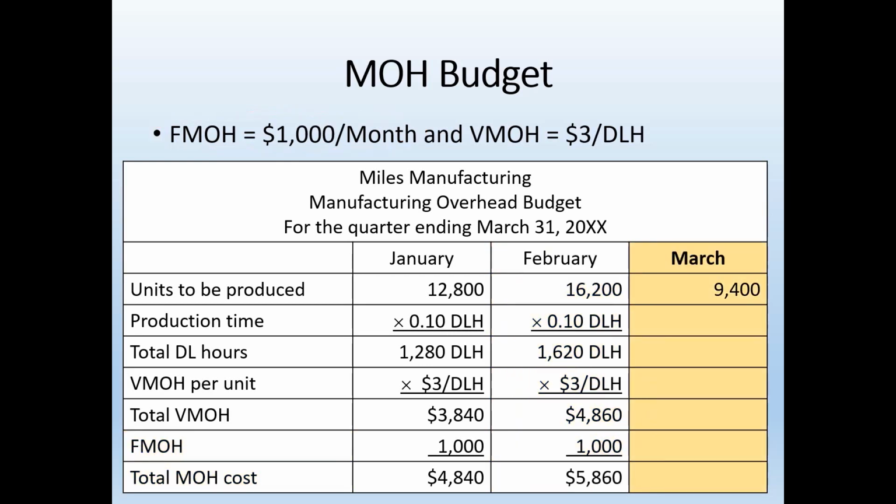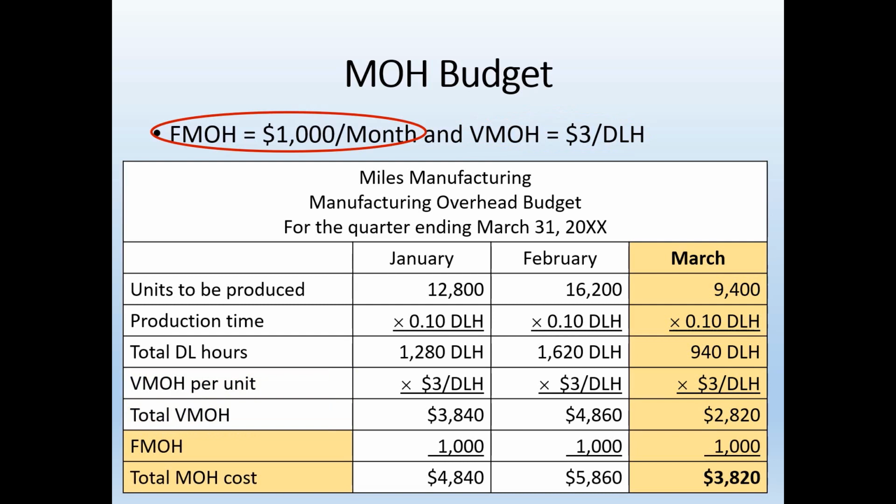And in March, we take the total number of units to be produced, multiply by 1/10 of a labor hour per unit to get the total labor hours, multiply by $3 per labor hour to get the total variable cost, add in the total fixed cost to get the total overhead cost budgeted for March.